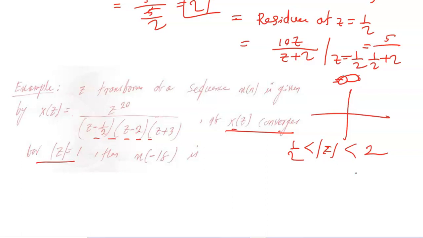If I make it less than 3, then the ROC includes a pole, which is not allowed. The ROC should not include a pole. All the poles will be at the edges or outside the ROC, but not inside the ROC. So this is the case.